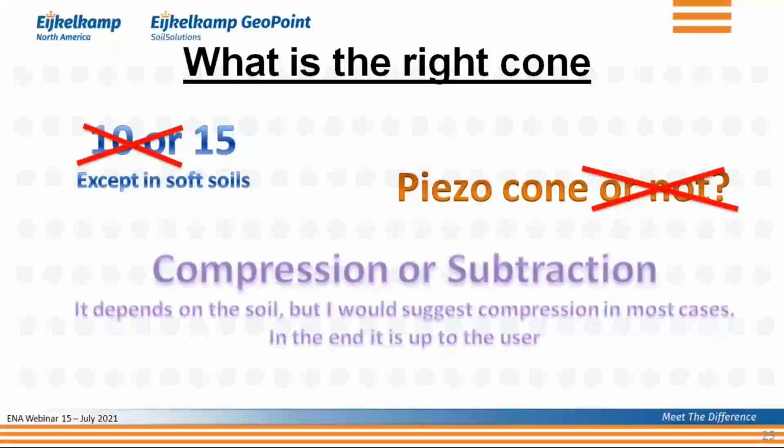So, what does it mean? Basically, in compression or subtraction type cone, it depends on the soil. Because if you want to make sure that you are getting good values of your sleeve friction, then obviously you need to make sure that you have the cone that can do that, but it obviously is a function of your sleeve friction.